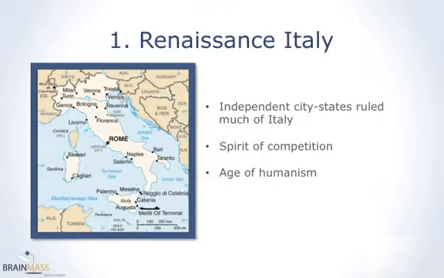However, on a more peaceful level, they would still compete in other cultural areas. For example, one city might build a very large cathedral, and in response, some years later, another city would build an even larger cathedral. So there was this spirit of competition present in Italy at this time in the 1400s.